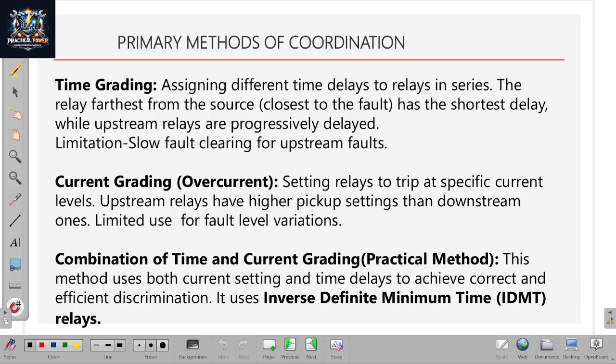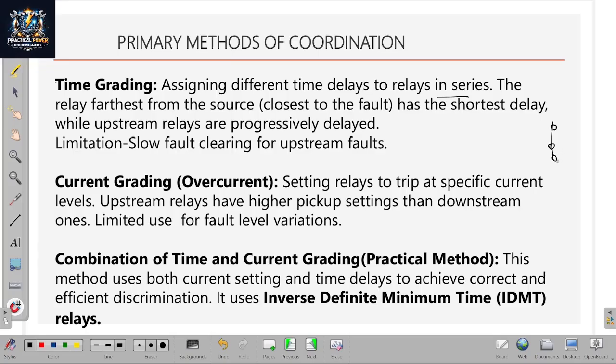First, in time grading, we assign different time delays to the relays in series.